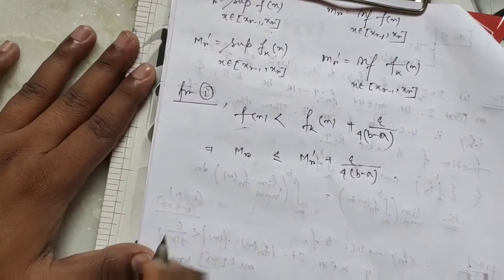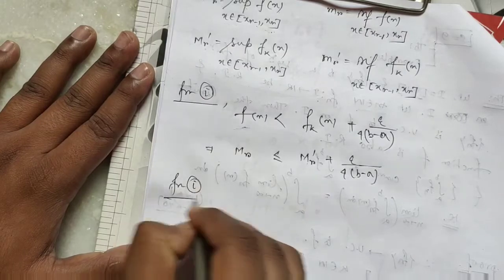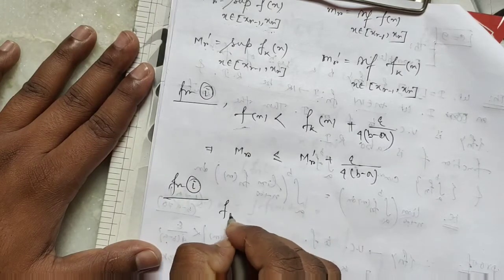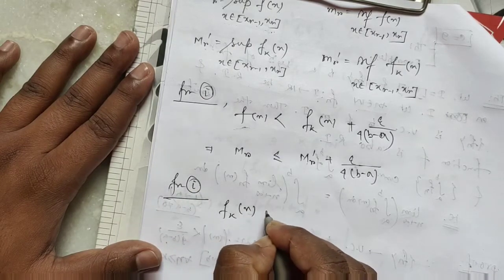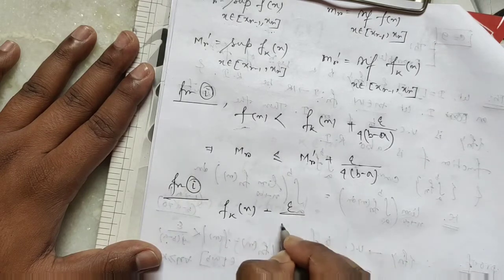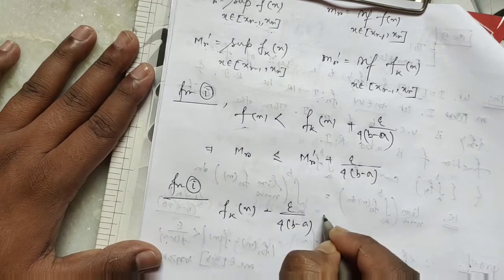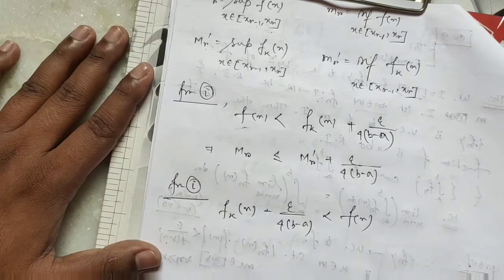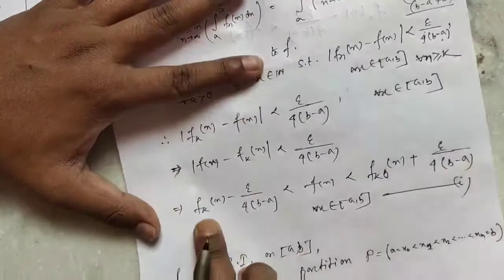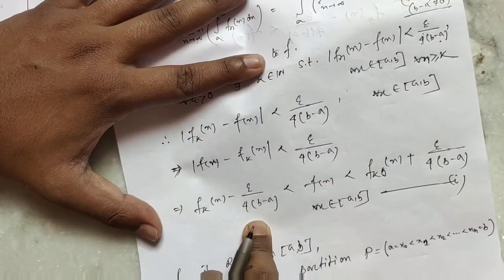Okay, similarly from 1, f_k(x) minus epsilon by 4 into (b minus a) is less than f(x).